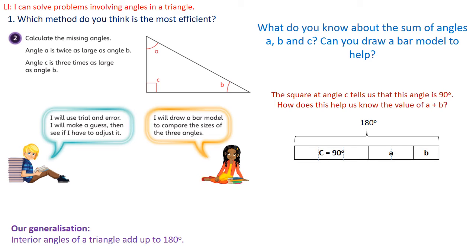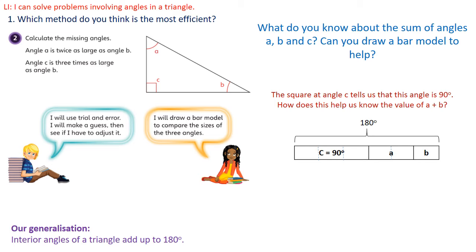But read the rest of the question. Angle C is 3 times as large as angle B. So if angle B was 10 degrees, angle C would be 3 times 10, whereas angle A would only be 2 times 10.